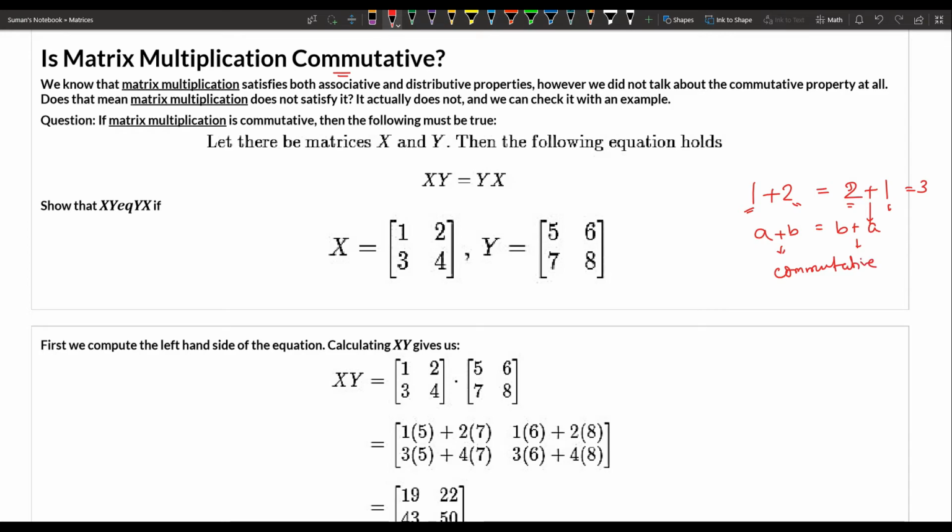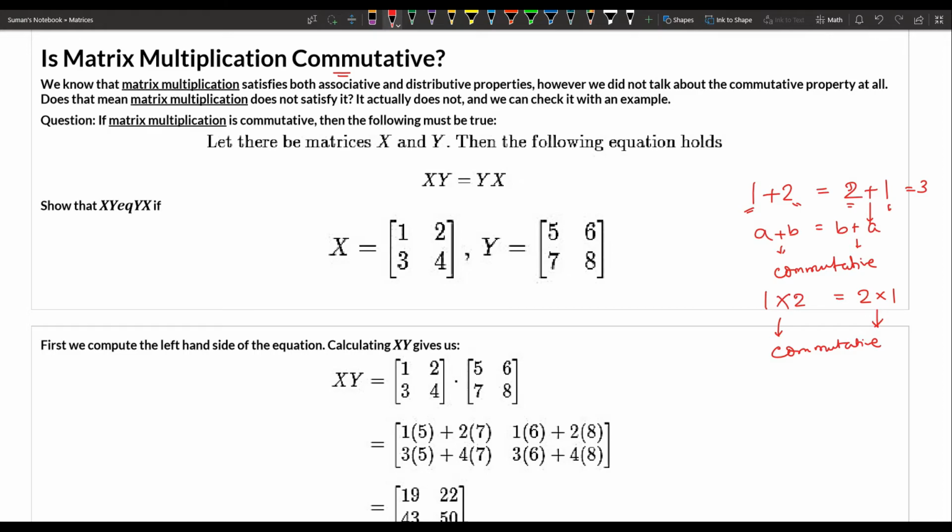Similarly, suppose we have 1 into 2, then we write 2 into 1. That is also true. So the multiplication operation of the real number system also gives us the commutative property. Let's check whether it is true for matrix multiplication or not.